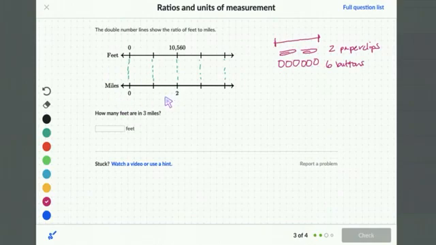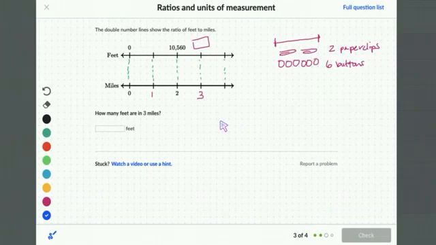So we are trying to figure out now how many feet are in 3 miles. Here's 0, here's 1 mile, here's 2 miles, and here's 3 miles. So we need to figure out this number up here. Wow, I have 1, 2, 3 numbers and 1 box. That should look very, very familiar to you. 3 numbers, 1 box. That looks just like our equivalent ratios.